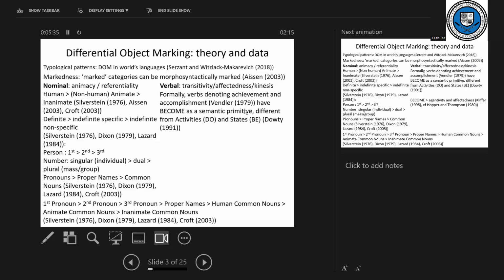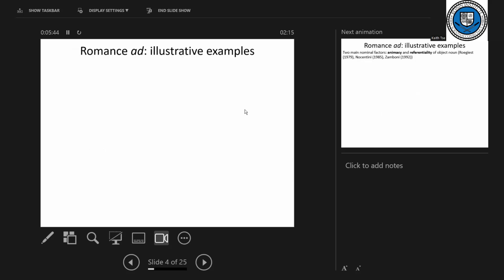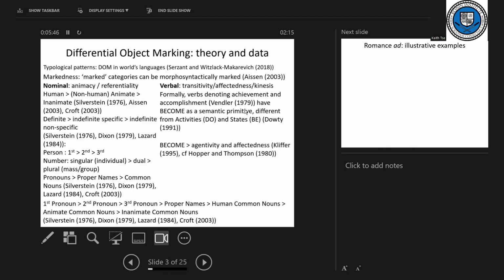This makes them different from activities and states, which do not have this BECOME semantic component. So we can define transitivity in terms of BECOME, and BECOME entails agentivity and affectedness. Classic papers like Hopper and Thompson look at this.